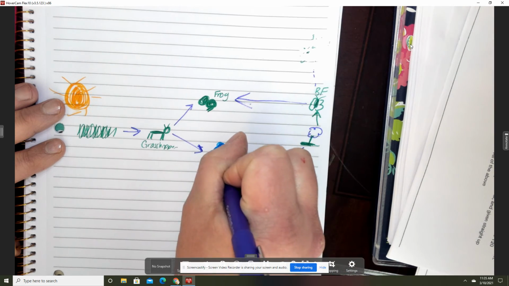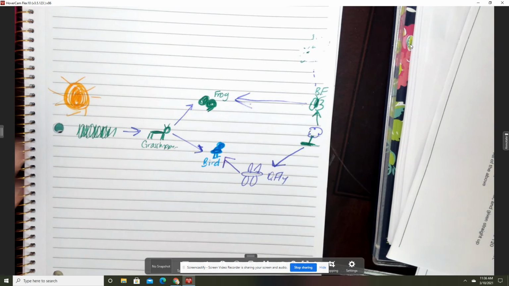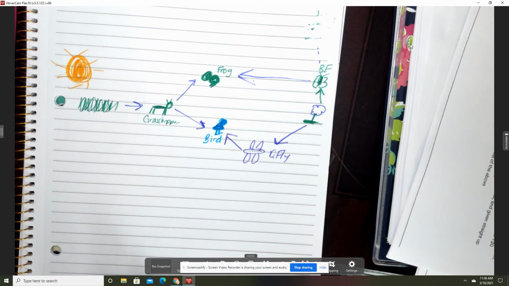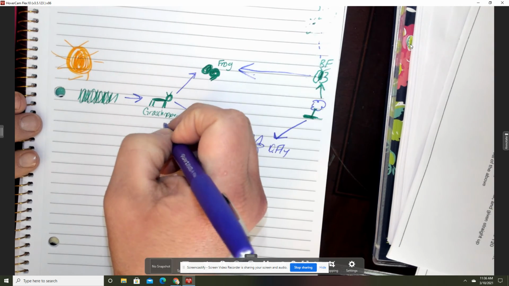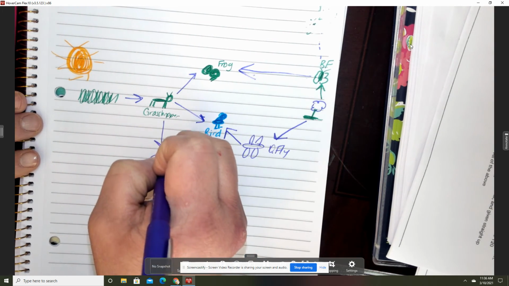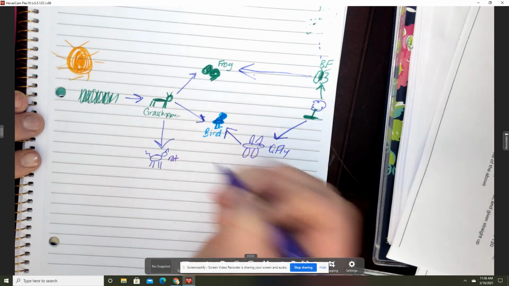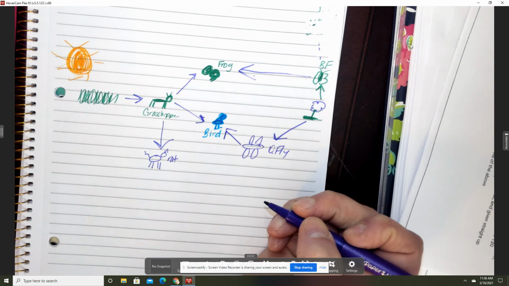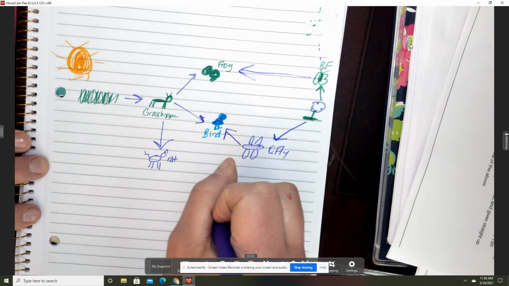Okay. And its flow of energy is going to the bird. Okay. Maybe there's also a little rat. And he's eating the grasshopper. But maybe there's like a wolf.